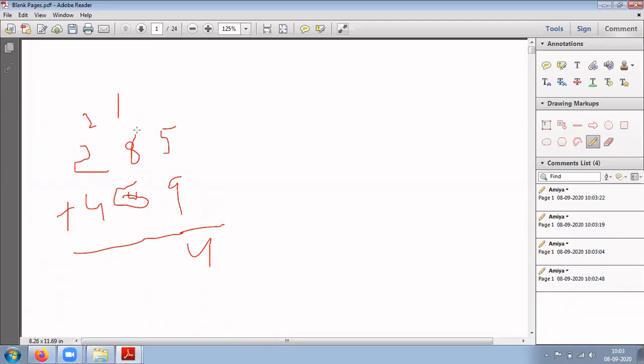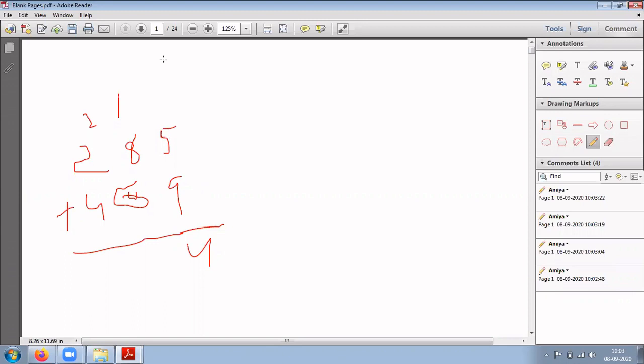That means in the decimal system, assume 10 sticks make a bundle. If you try to recall your school teacher, they used to tell you to make a bundle of 10 sticks, 10 sticks equal to one bundle, then 100 sticks equal to another bundle.